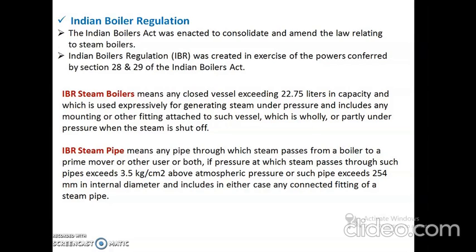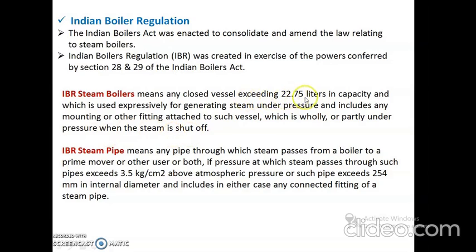As per this IBR, the Indian Boiler Regulation Act, a boiler is defined as a closed vessel exceeding 22.75 liters in capacity, which is used expressly for generation of steam under pressure, and includes any mountings and other fittings attached to such a vessel which is wholly or partly under pressure when steam is shut off.